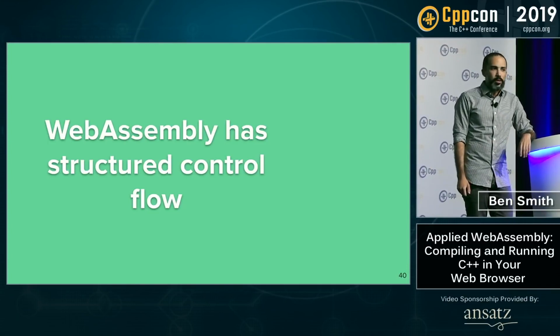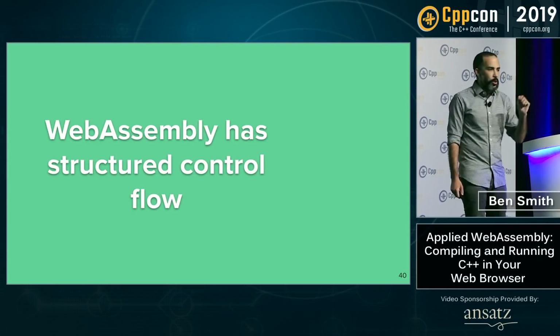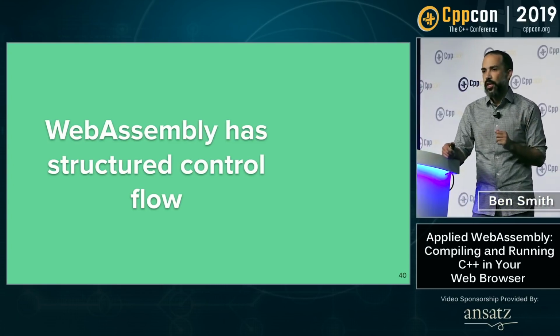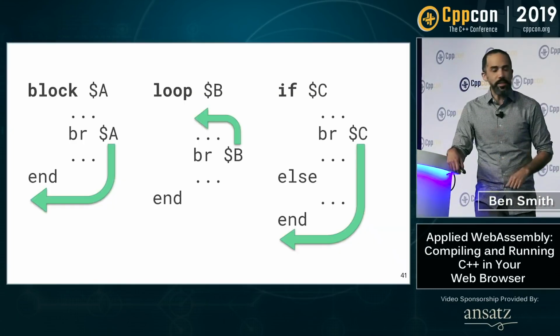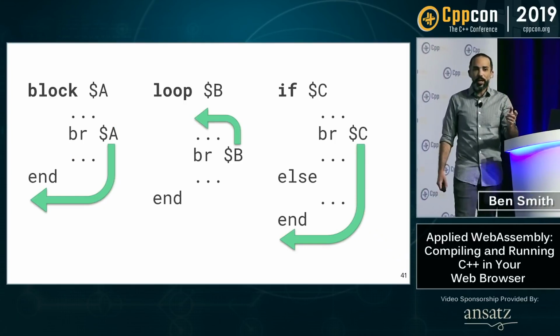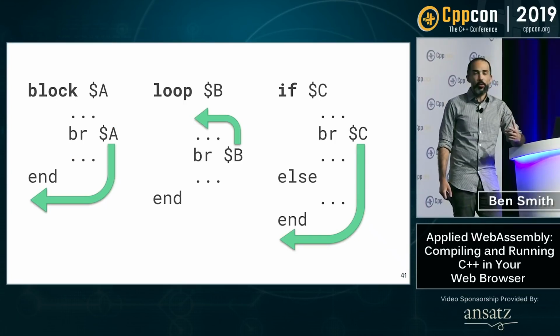Another example, and this is probably the most controversial thing, is that WebAssembly has structured control flow. What that means is that we don't have a go-to instruction in WebAssembly. Instead, what we have is very much like you might expect in a very low-level programming language.